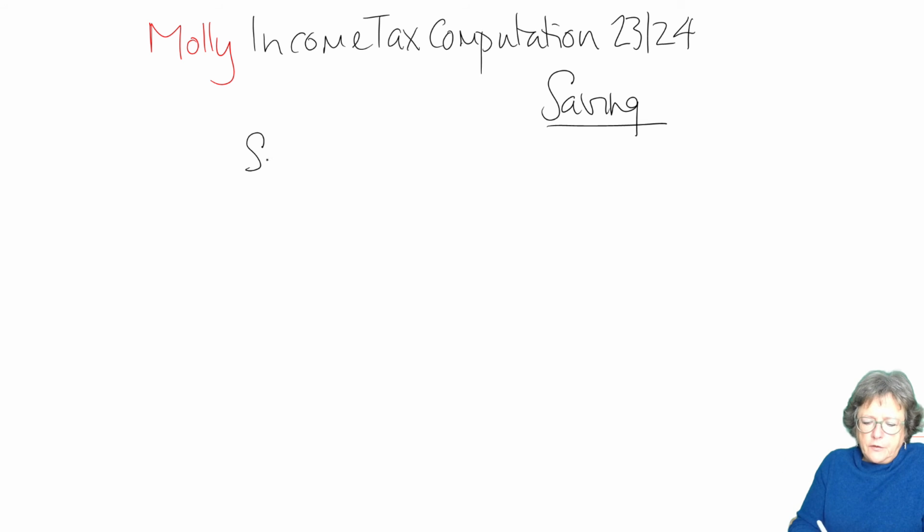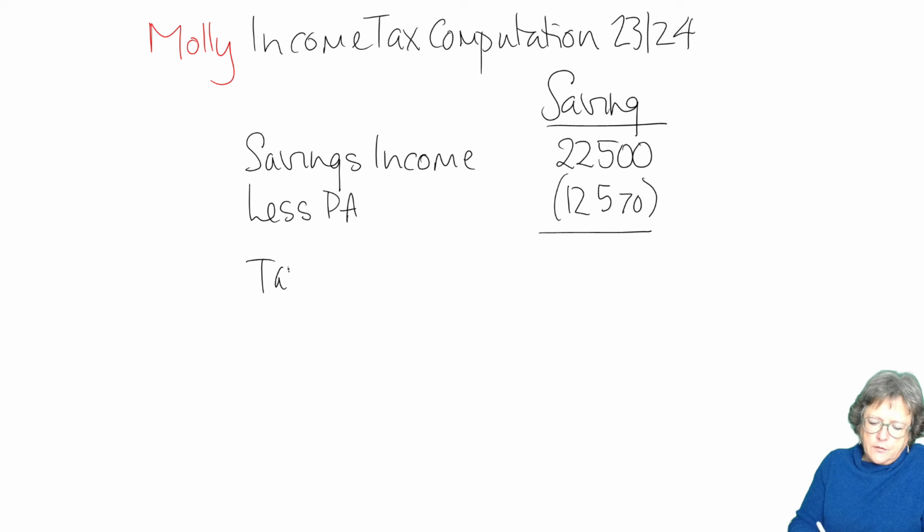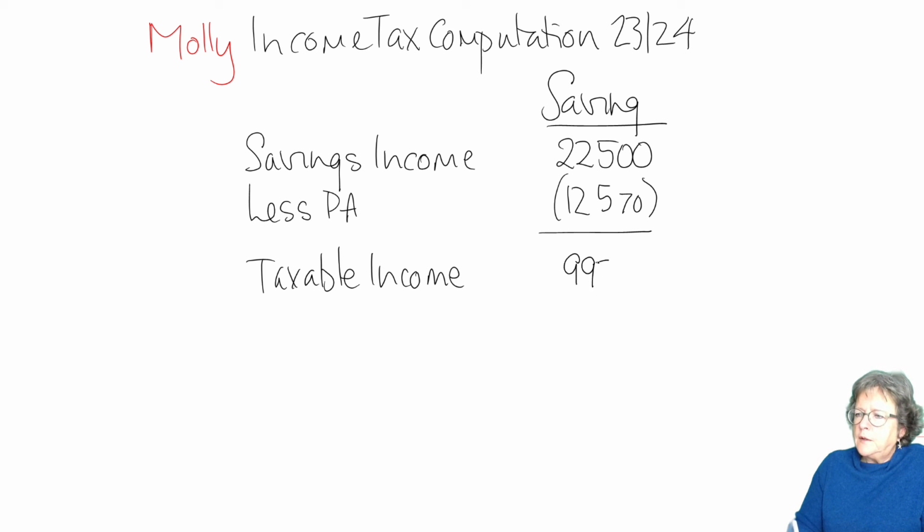So she has savings income of 22,500 less her personal allowance of 12,570, which leaves us with a taxable income of 9,930.